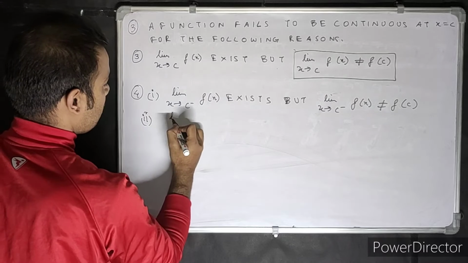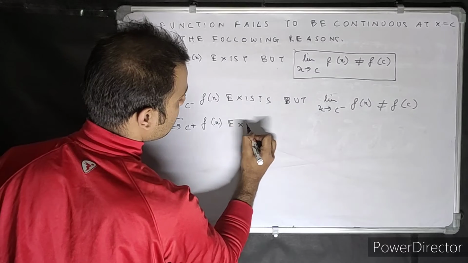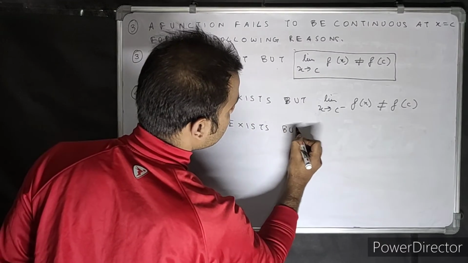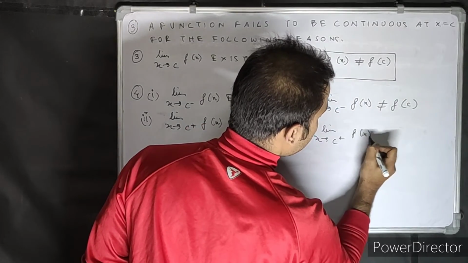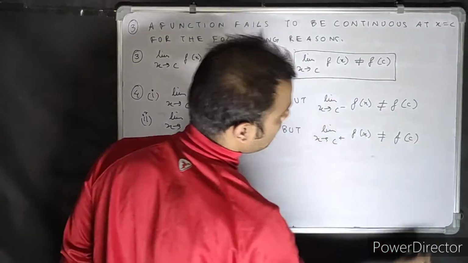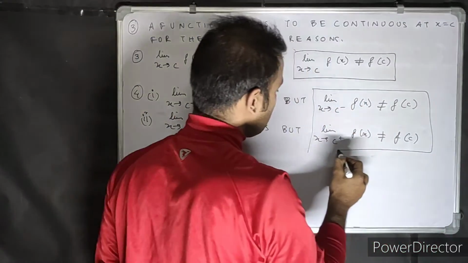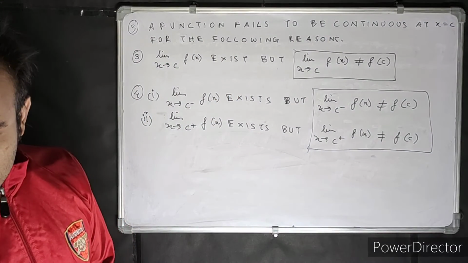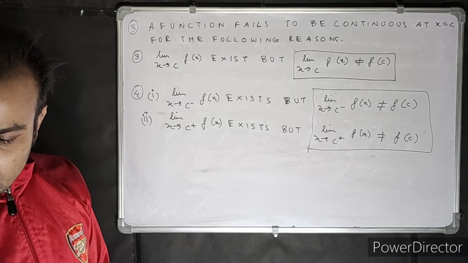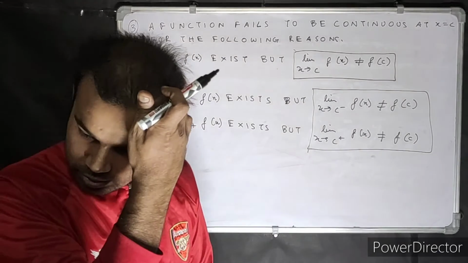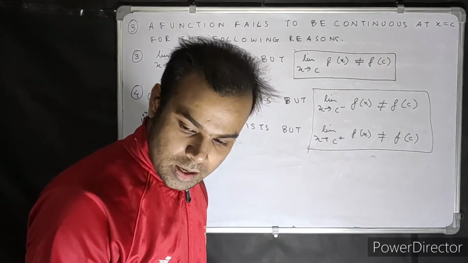Second part with the positive approach, limit of x tends to c plus f of x exists, but limit of x tends to c plus f of x is not equal to f of c. It's not equal at that point. So you can mark both of them in the box. So you know in which cases you will say that it is not continuous. When the limit exists but f of c does not exist, or this is not equal, we say that f has a removable discontinuity.